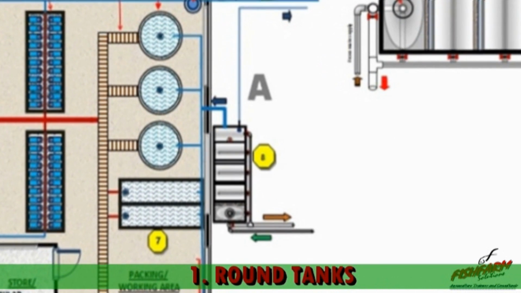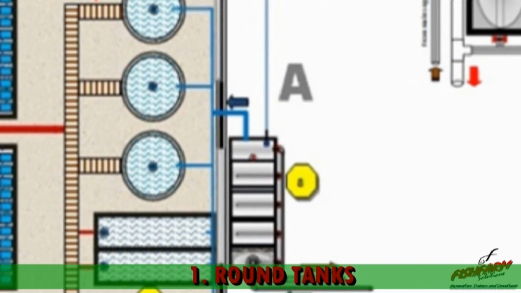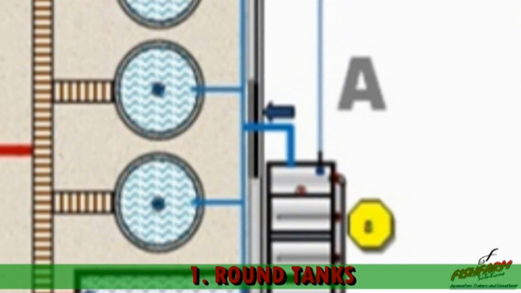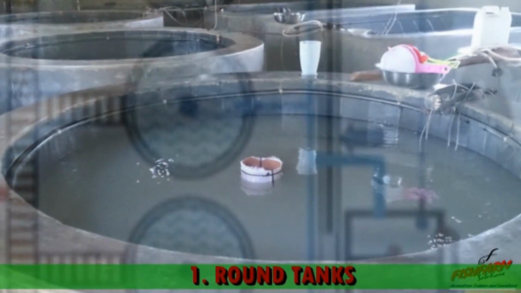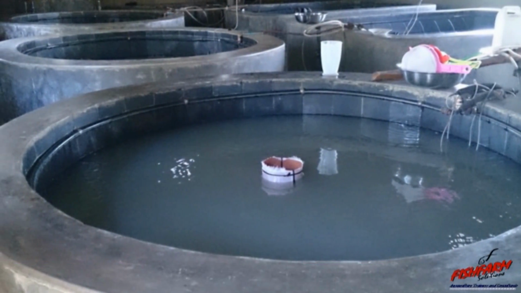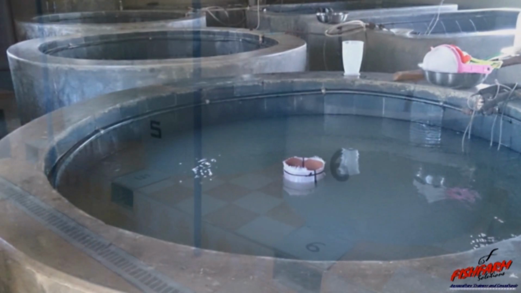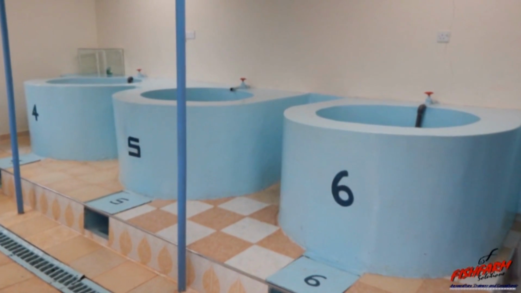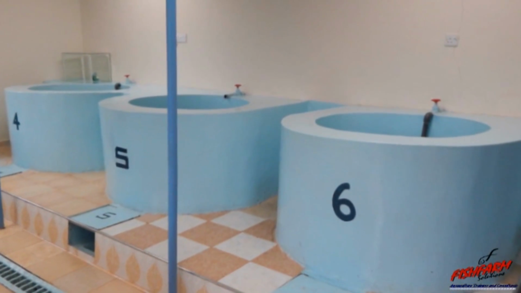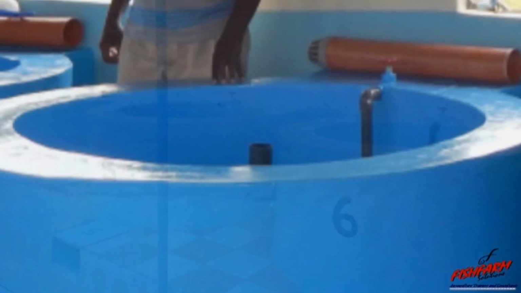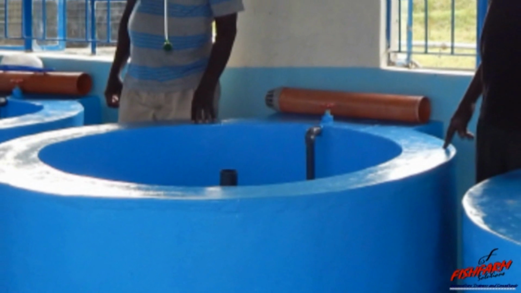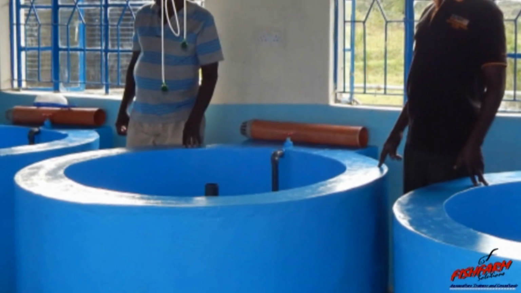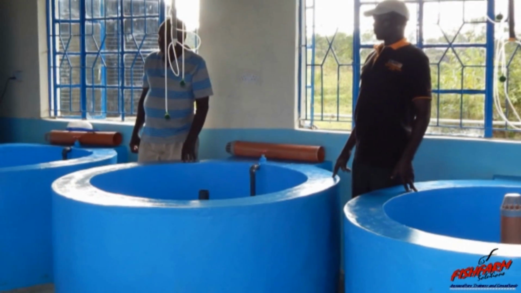We will start with the round tanks. Round tanks may be made of cement, plastic, or fiberglass. Many hatchery facilities prefer the use of round tanks. One of the advantages of using round tanks is that they are self-cleaning.